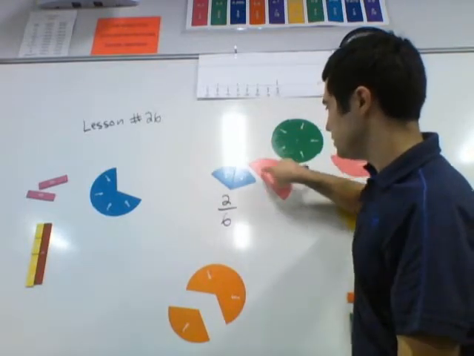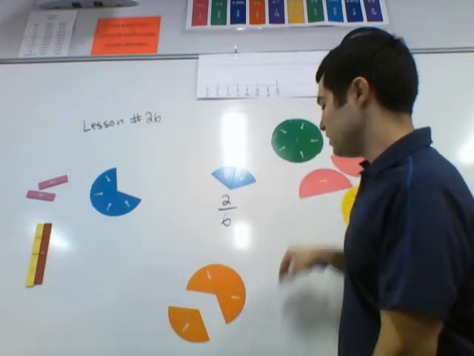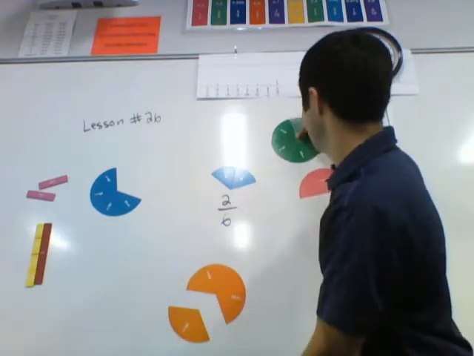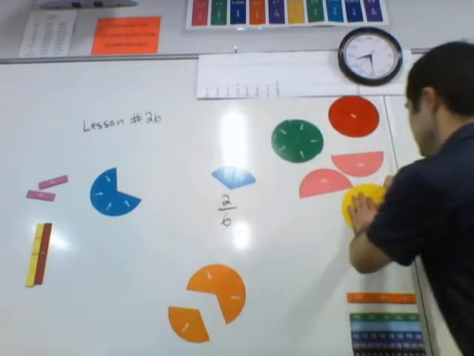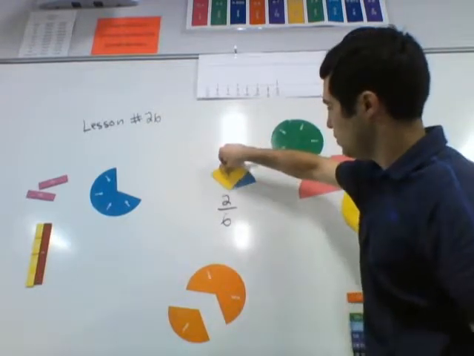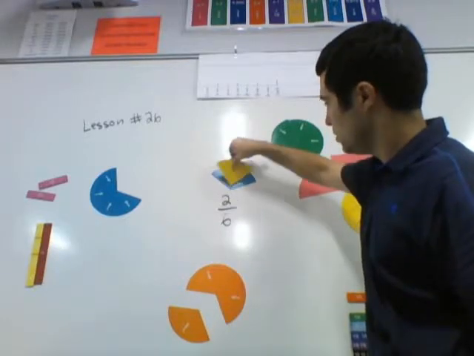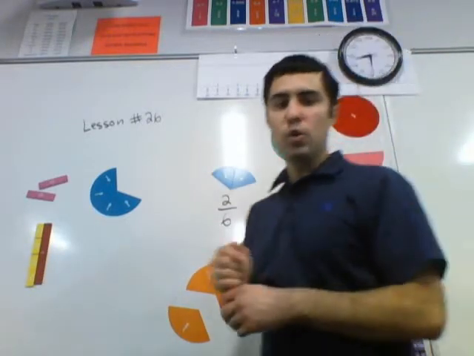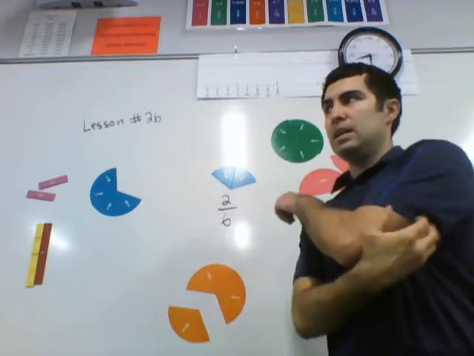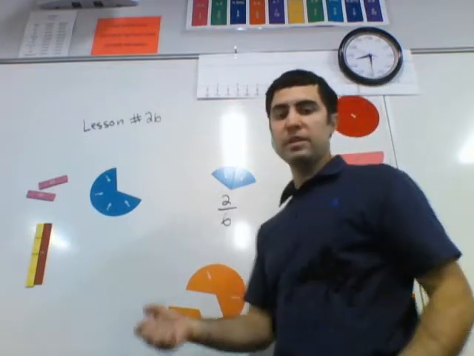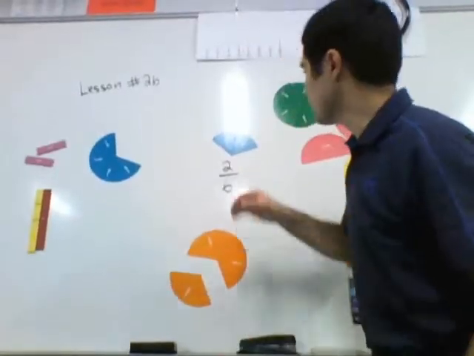No, it's clear that these two are not compatible with each other. Let's try 1/5. Nope, 1/5 is too small, 1/2 is too big. Let's try 1/4. Nope. Getting closer, but not quite equivalent. When you're reducing, you're finding a fraction that is equivalent or the same size as what you're working with.